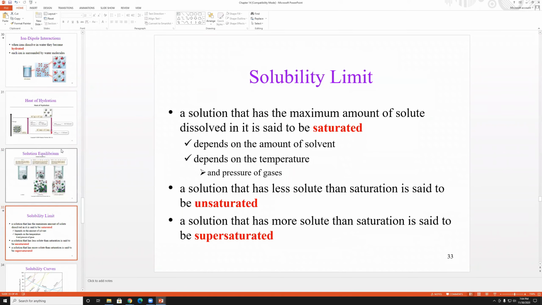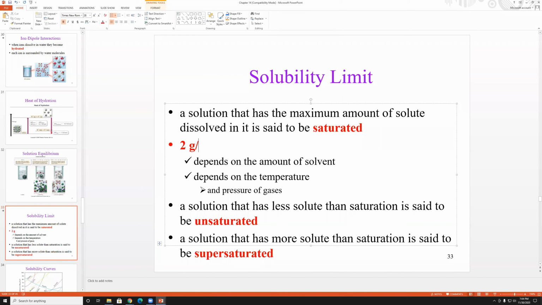So next, solubility limit. I did touch on this, but we'll talk about it more. Like I said, solubility is a threshold, the amount in grams or even moles, but usually grams or milligrams, of solute that can dissolve in a specific amount of solvent.